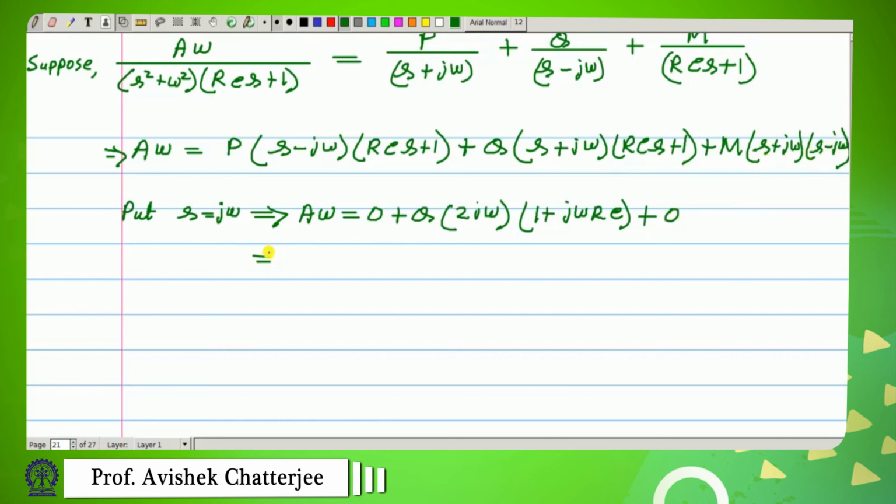So from this you can get q equal to A omega divided by 2j omega, then (1 plus j omega RC).